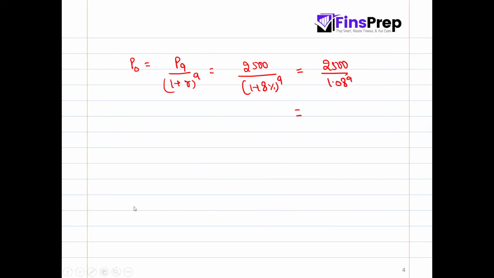If we solve this, 1.08 raised to the power 9 is approximately 1.999, which is approximately 2. So this will become 2500 by 2, which is 1250. So P0 we will get as 1250.